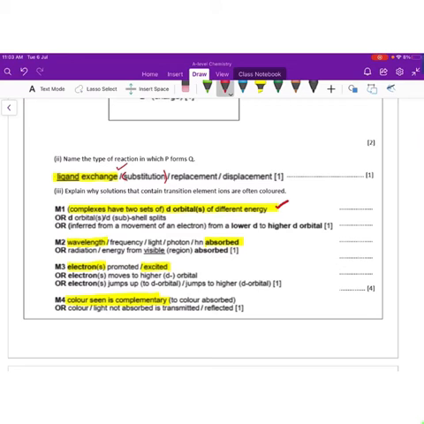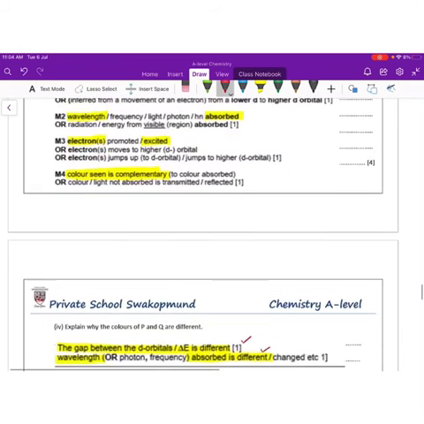Those electrons get excited, or promoted, to the higher d orbital, and what we see are all the other wavelengths that are not absorbed, transmitted or reflected. You can say the color seen is complementary to the color absorbed. So that's 4 marks in there.